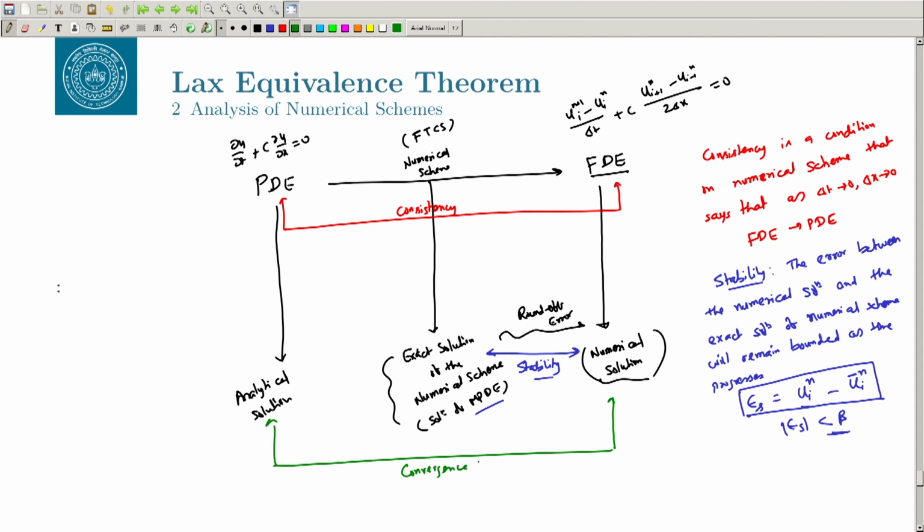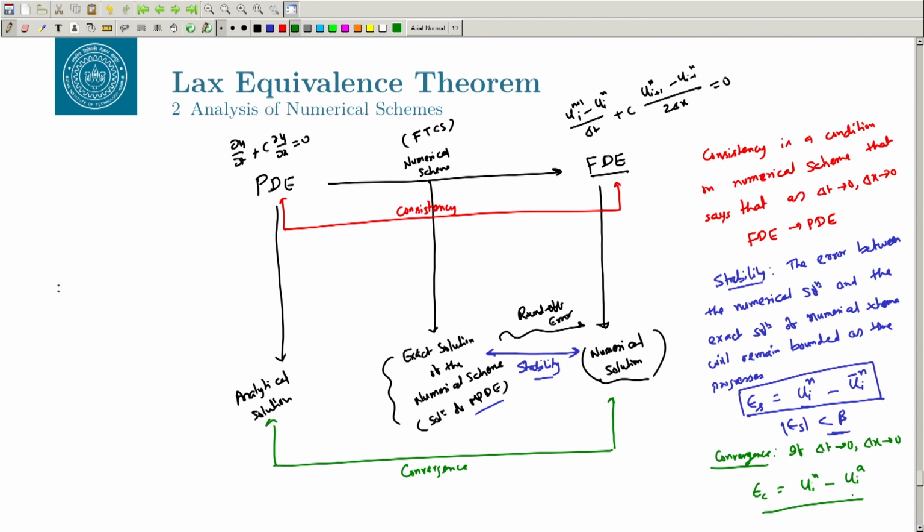What convergence says is that if delta t goes to 0 and delta x goes to 0, that means for a very small time step and spatial step, your numerical solution u i n minus the analytical solution, let us call it u i a, and that I call epsilon c, which is the convergence error, goes to 0 as delta t goes to 0 and delta x goes to 0.